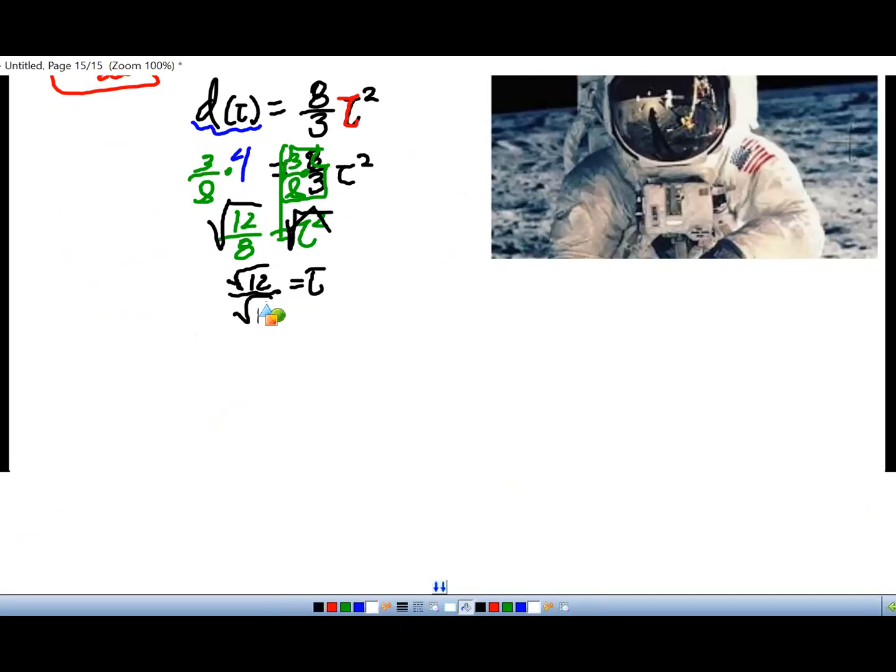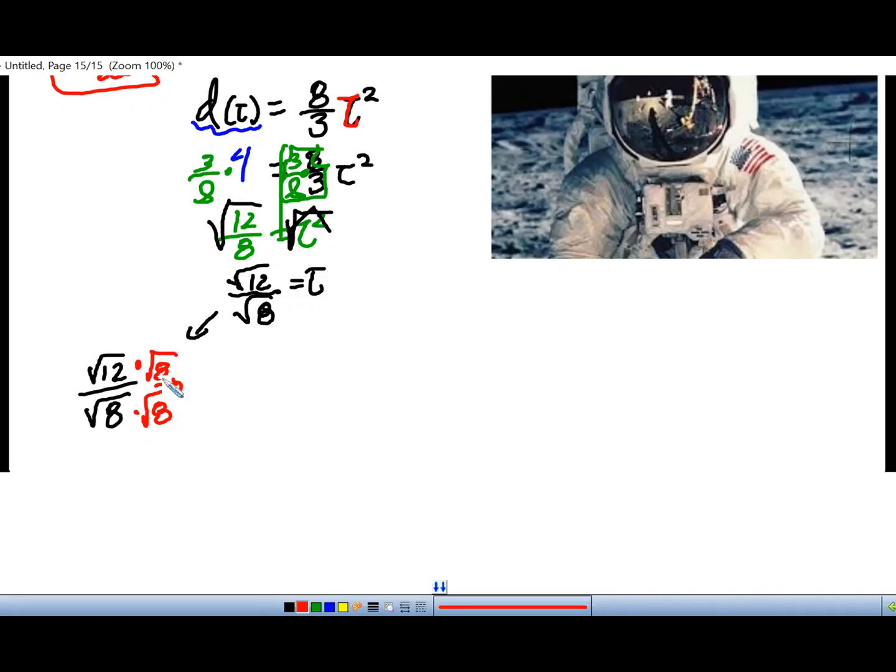However, now I hope some of you caught this. Who notices that this is kind of like what we did with a warm-up? Oh, Mr. Q, I see what you did. I know, right? So if we take this square root of 12 over square root of 8, can we leave it with a square root on the denominator? No, that means I need to multiply times square root of 8 in order to get rid of that square root right there. But whatever we do to the denominator, we do to the numerator.